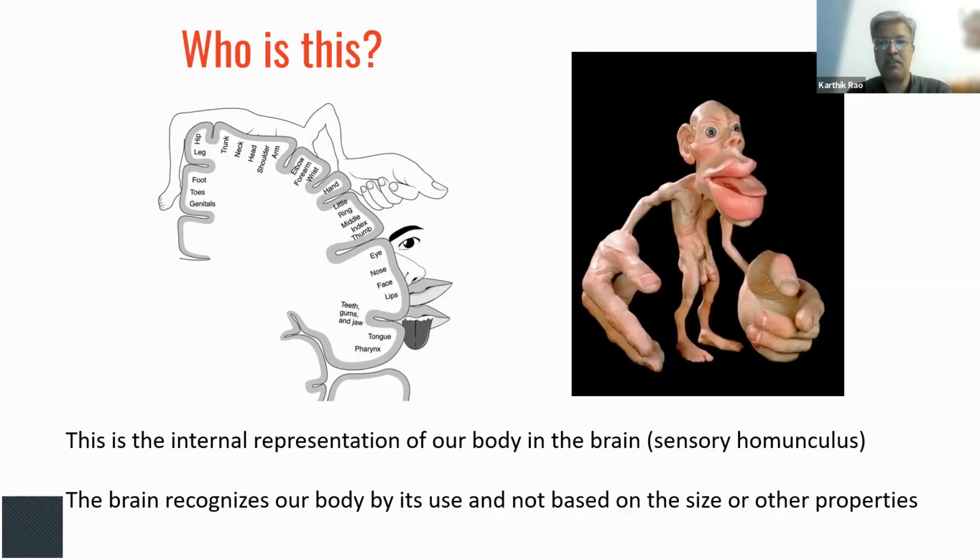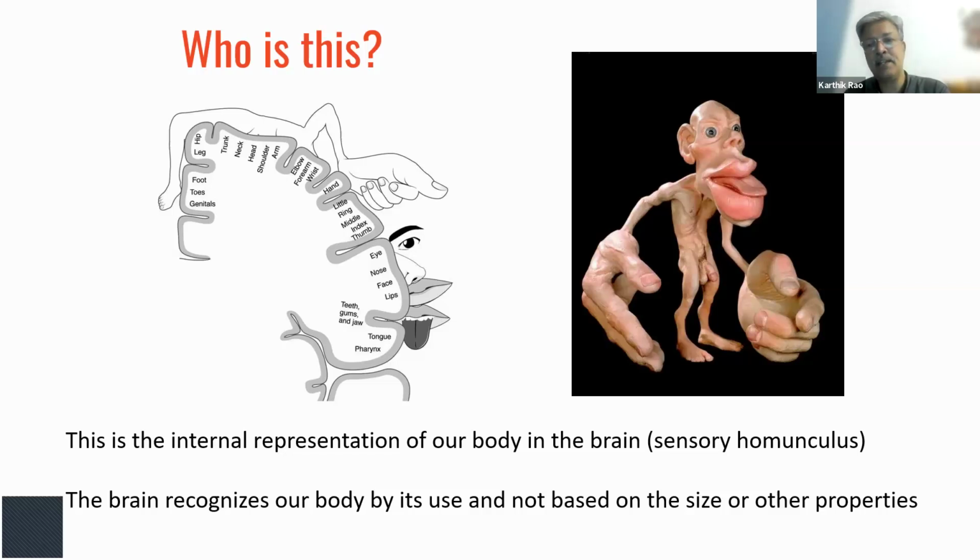So this is sensory, which means which part of the body is going to give me more information, I'm going to have a bigger representation of those parts in the brain. Similarly, we also have a motor homunculus, which would be slightly different. But let's say 90% of overlap would be there between sensory and motor. So the motor homunculus is which part of the body I'm using more. Sensory homunculus is which part of the body I'm receiving information more.